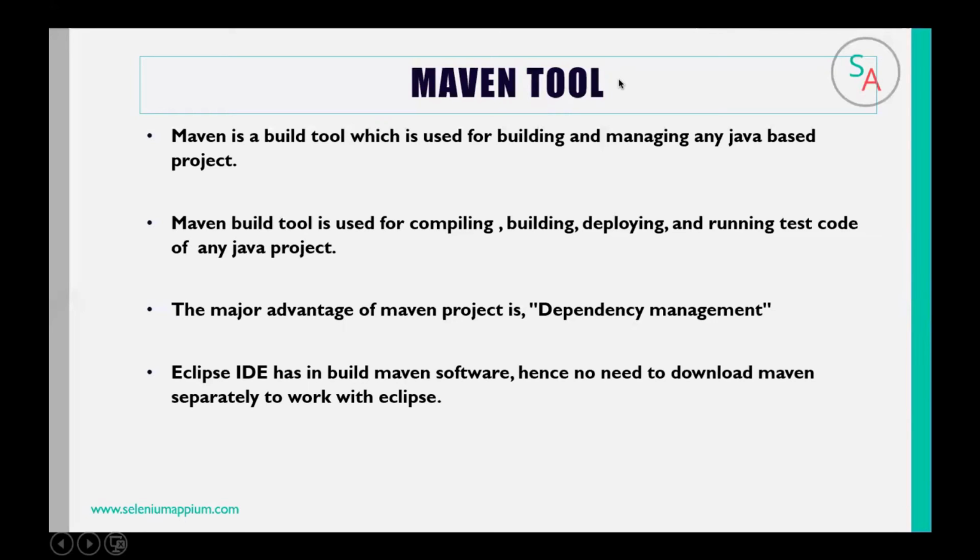All you need to do is add a dependency tag to your Maven project. Add a Selenium dependency tag. Add a TestNG dependency tag. Add an Apache POI dependency tag. And change those versions to the latest one whenever the versions of that library change.